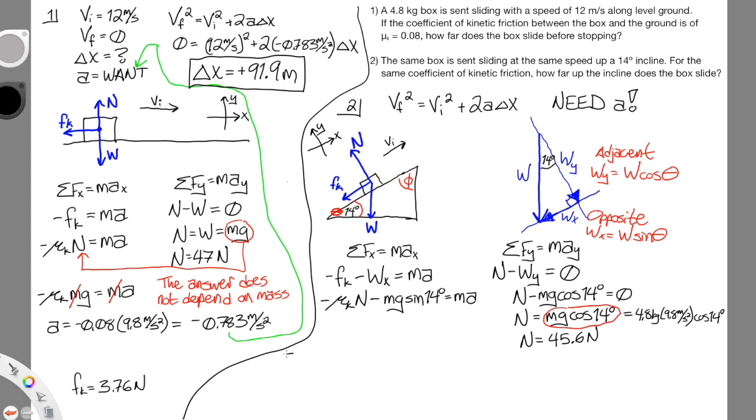We have negative the coefficient of kinetic friction times the normal force, that 45.6 newtons, minus the mass, 4.8 kilograms, times g, 9.8 meters per second squared, times the sine of 14 degrees, all equals the mass, 4.8 kilograms, times the acceleration, which is our unknown that we're trying to find.